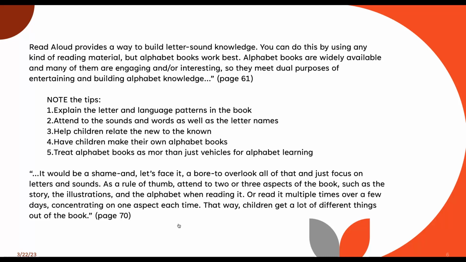They're talking about connecting what's in the book to what the children know, emphasizing that sound. It's the exposure. Have the children make their own alphabet books. Again, they're getting this idea that words are made up with letters and letters have different sounds and they look differently. That's a big idea. That's the big idea we want preschoolers to understand.